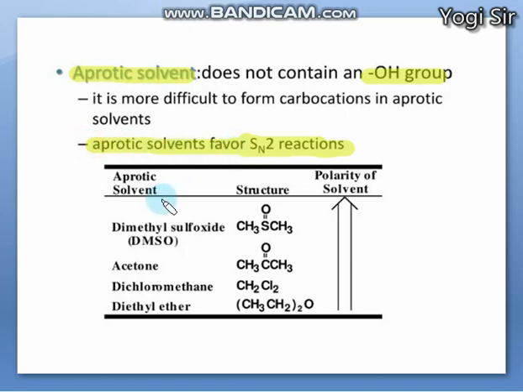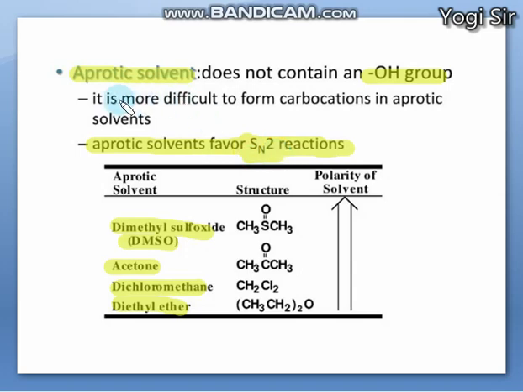Some examples are given here: DMSO, dimethyl sulfoxide, common acetone, dichloromethane, CH2Cl2, and dimethyl ether. These are aprotic solvents. When you select such solvents, the mechanism would be selective for SN2.